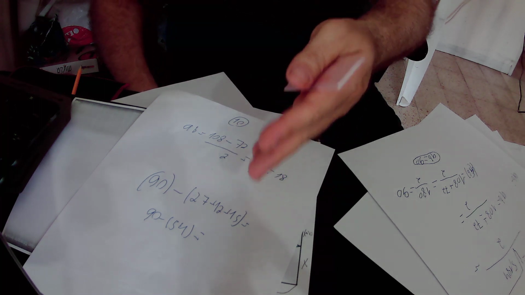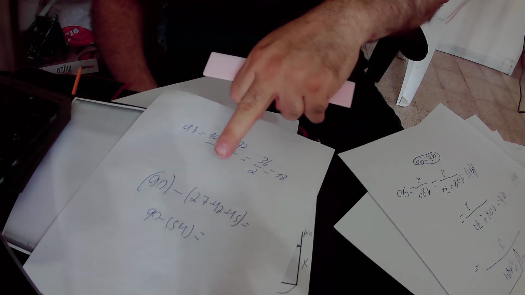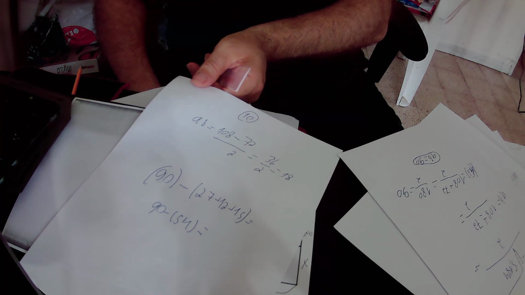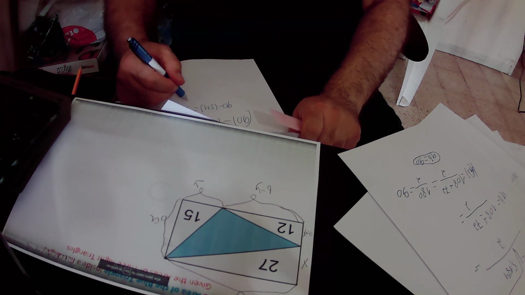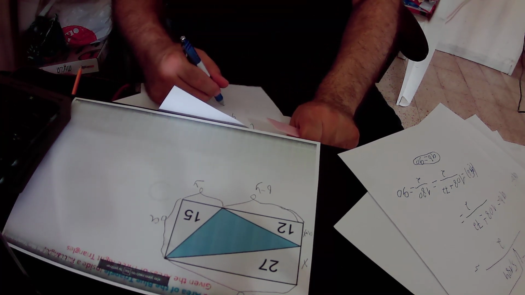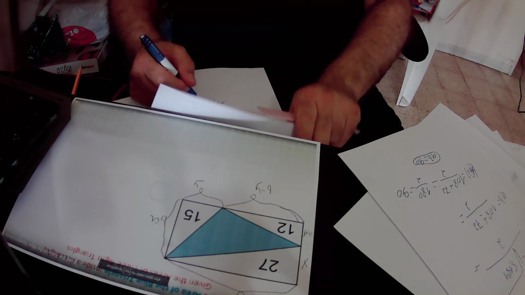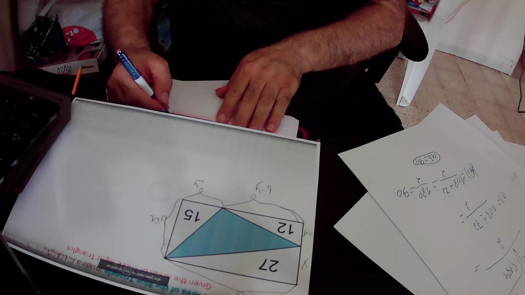That is to say, it is 90 minus 54 equals 36 units.